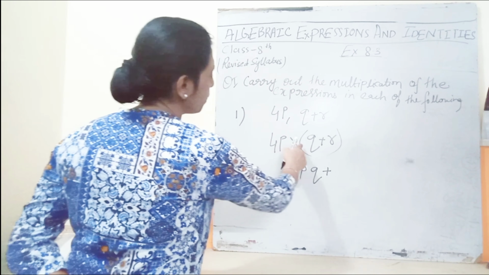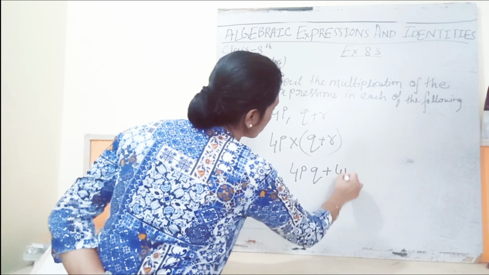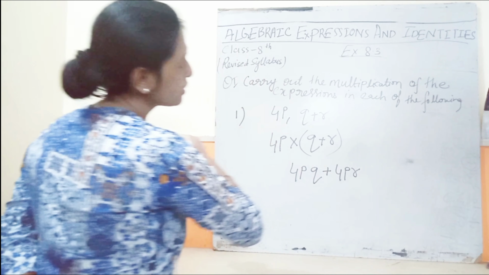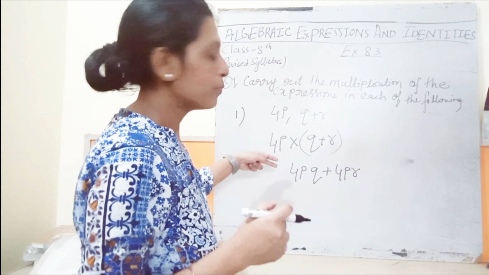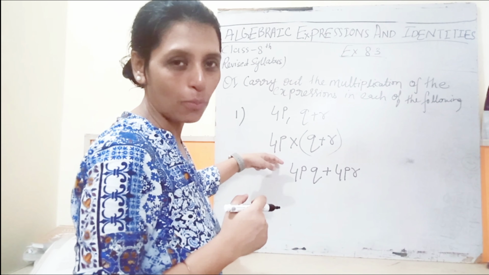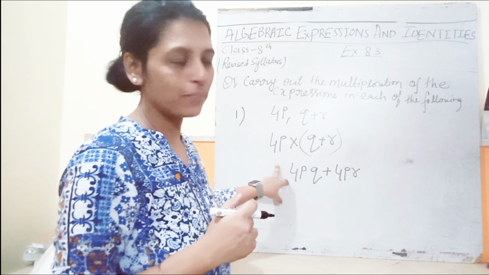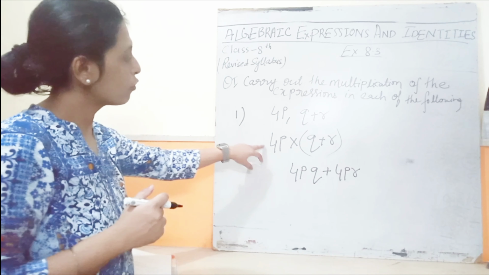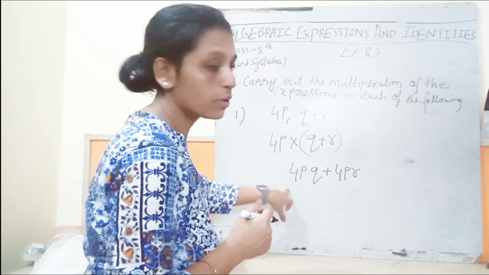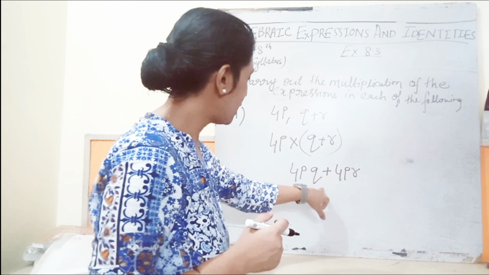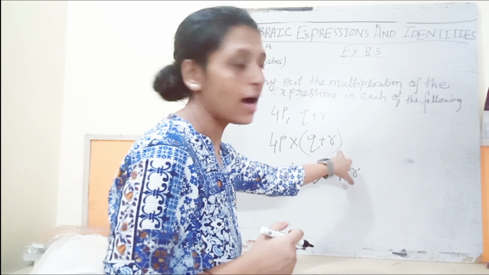And 4p into r is 4pr. Here you can say that this is the distributive property over addition. So 4p into q plus r is equal to 4pq plus 4pr.